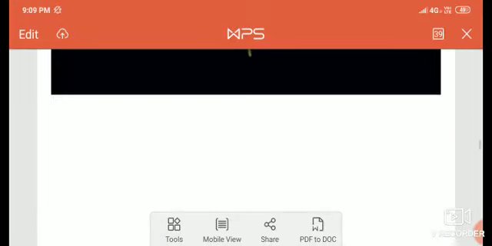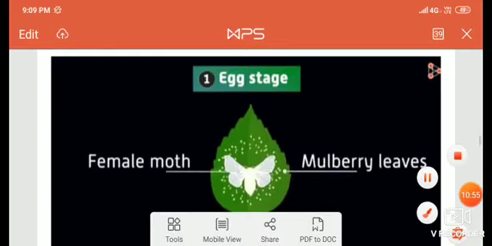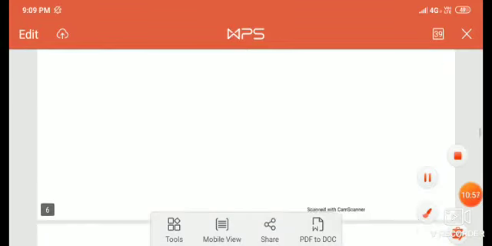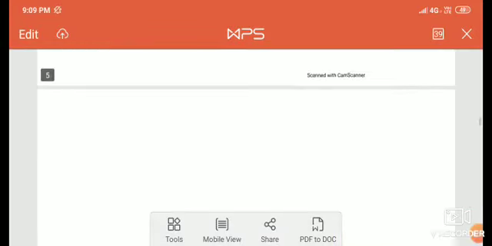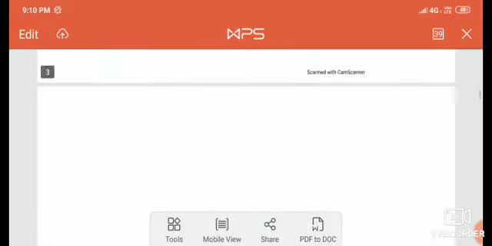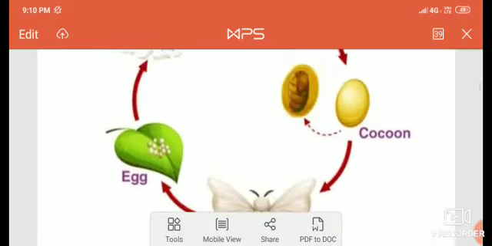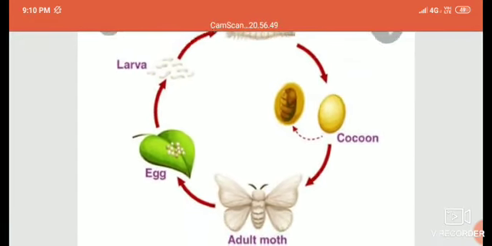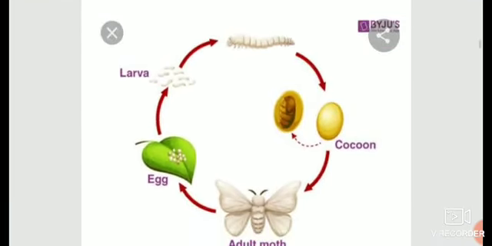So students, for the home assignment, you have to draw the life cycle of the silkworm in your fair copy like this. And students, in my next video class we will discuss the cocoon.